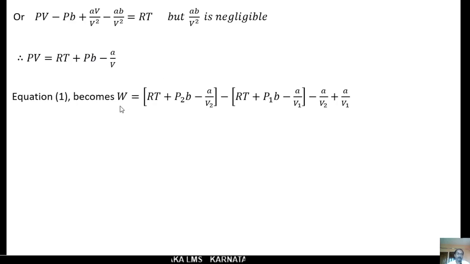Equation 1 becomes the total work done, W equals RT plus P2B minus A divided by V2, minus RT plus P1B minus A by V1, minus A by V2 plus A by V1.